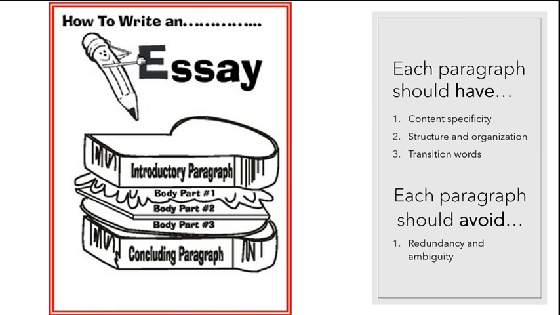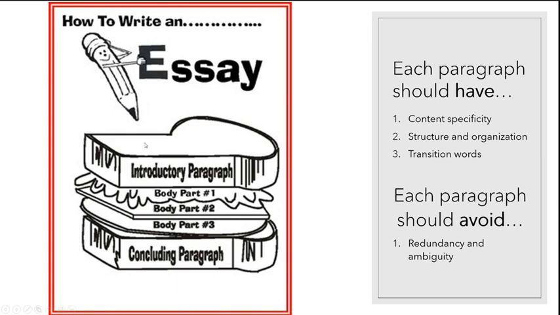Then in each body paragraph, there should be only one main idea that supports your thesis statement, okay? You should not have several main ideas together. That's why you divide the paragraphs. Finally, in the concluding paragraph, you should restate your thesis statement and summarize your points. There should not be any new points or new information in the conclusion.